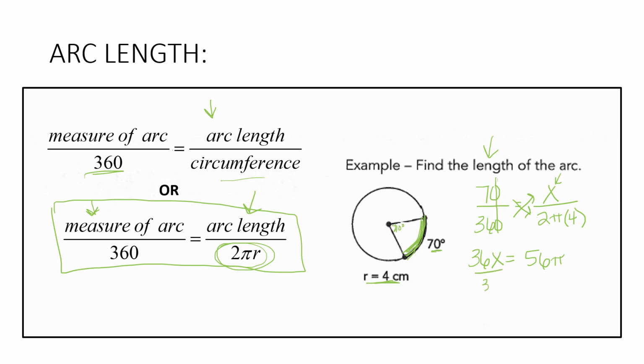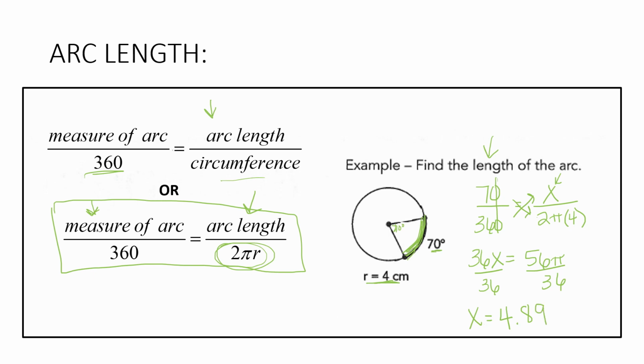So on both sides, I'm going to divide by 36. And now this is where I would want to grab out my calculator. So I'd grab out my calculator, type in 56, hit the pi button, or if you were using Desmos, you can use Desmos, hit the pi button, and then you're going to hit divided by 36. When you type that into your calculator, you should get back the number 4.886 or something, but that 8 rounds up to a 9.